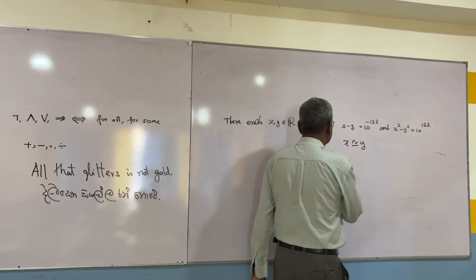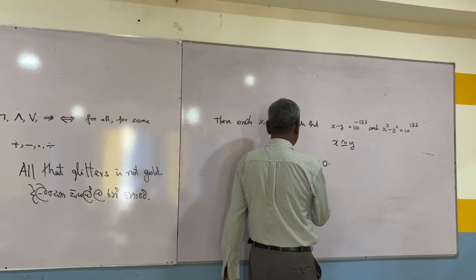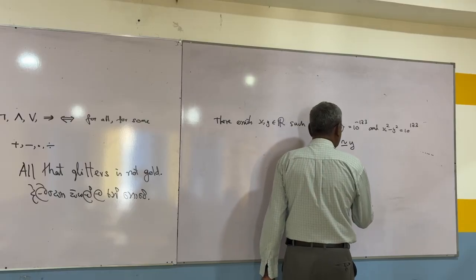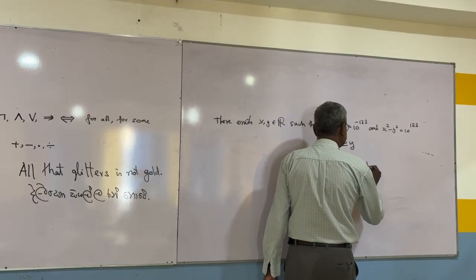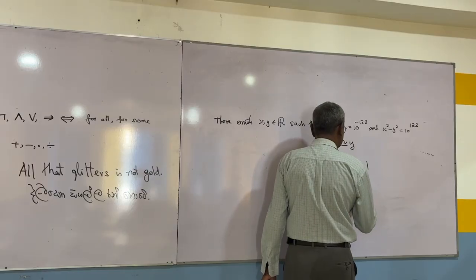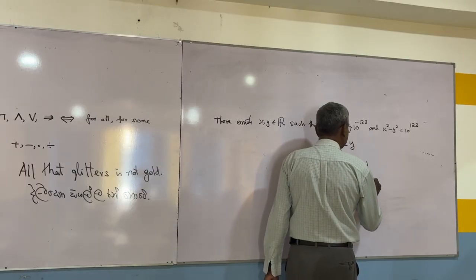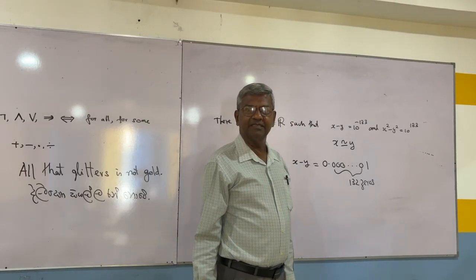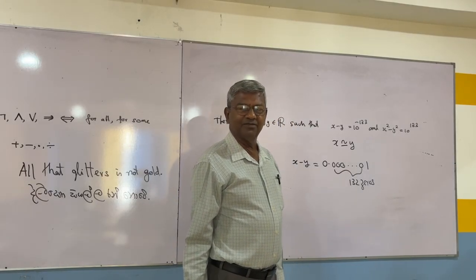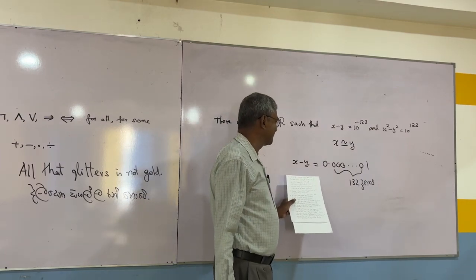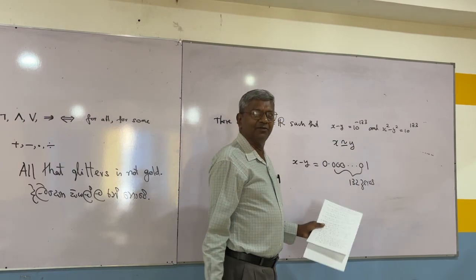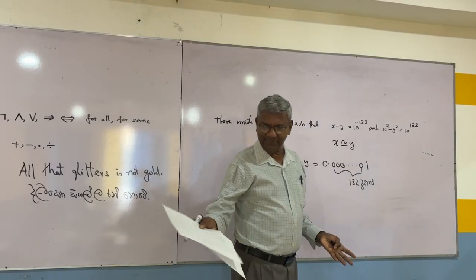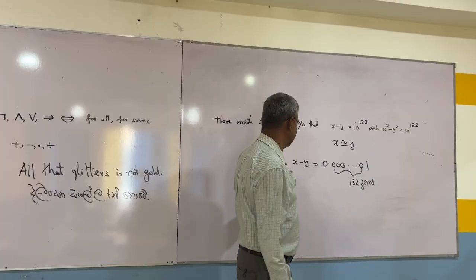My gosh, who can write 0.000 with 132 zeros and 1. Engineering faculty students will say x is equal to y. How on earth can you write 132 zeros on a paper like this? So they will say x is equal to y.